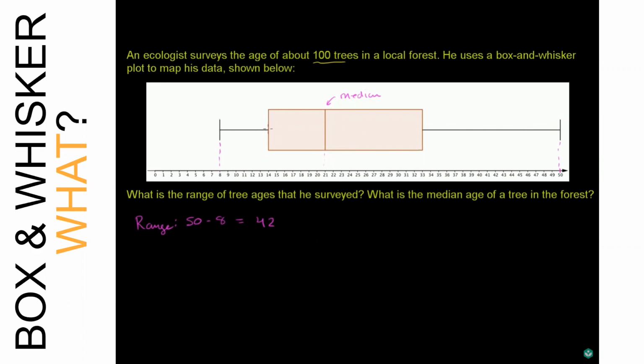And these endpoints right over here are the medians for each of those sections. This is the middle of all of the ages of trees that are less than 21. This is the middle age for all of the trees that are older than 21.